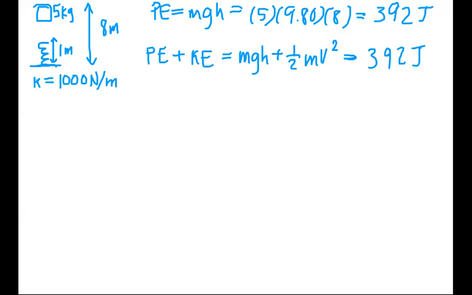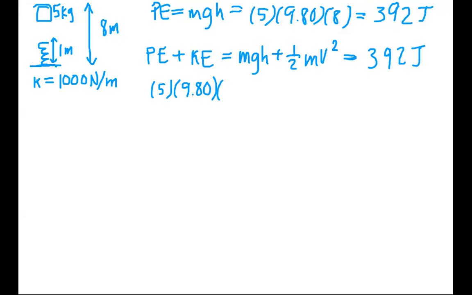Exactly. So all of the energy must be equal to that potential plus the kinetic. Okay, so using that, we can plug in our values. We have 5 times 9.80 times, what would the height be when it reaches the spring?